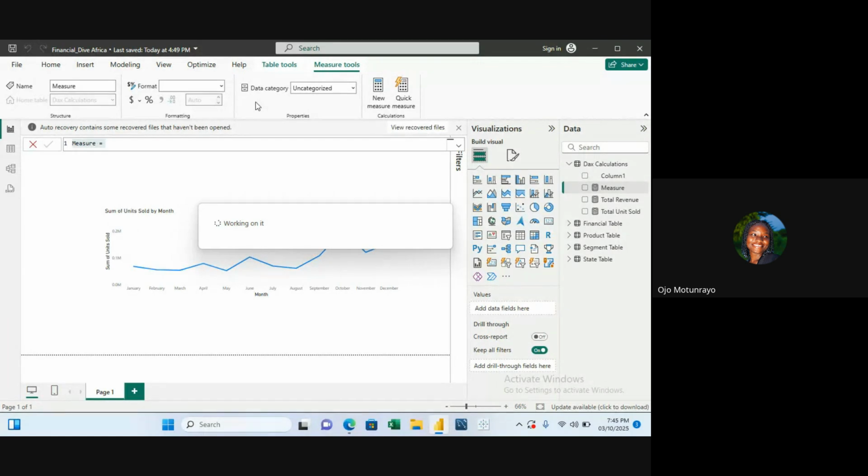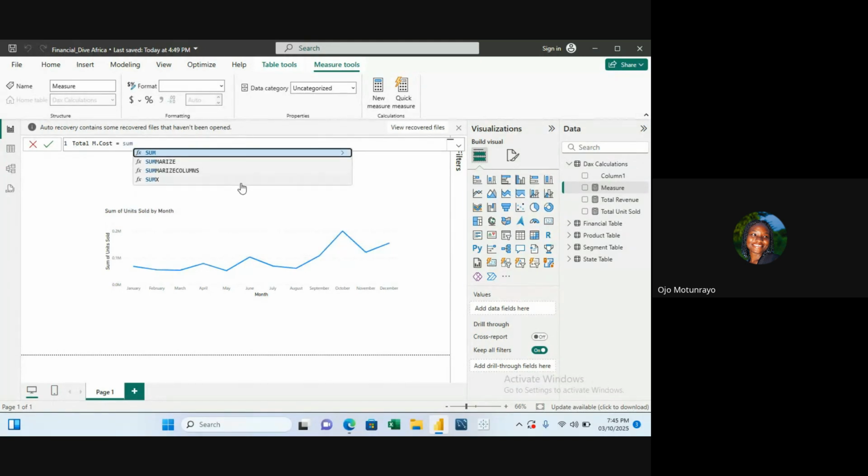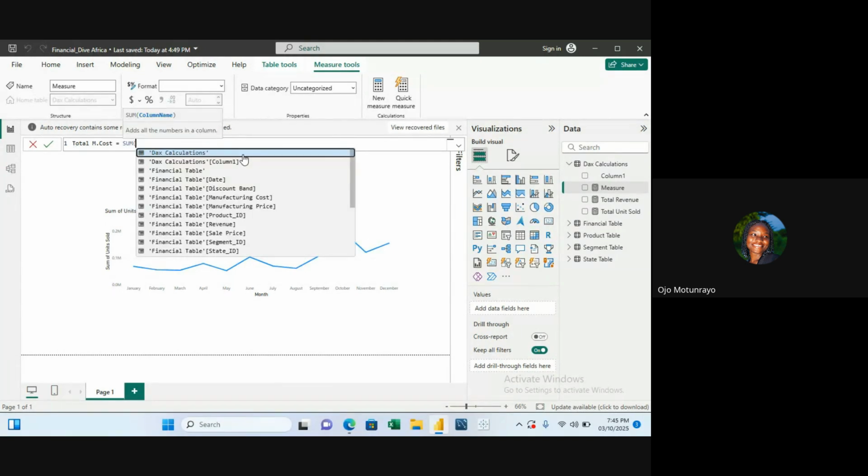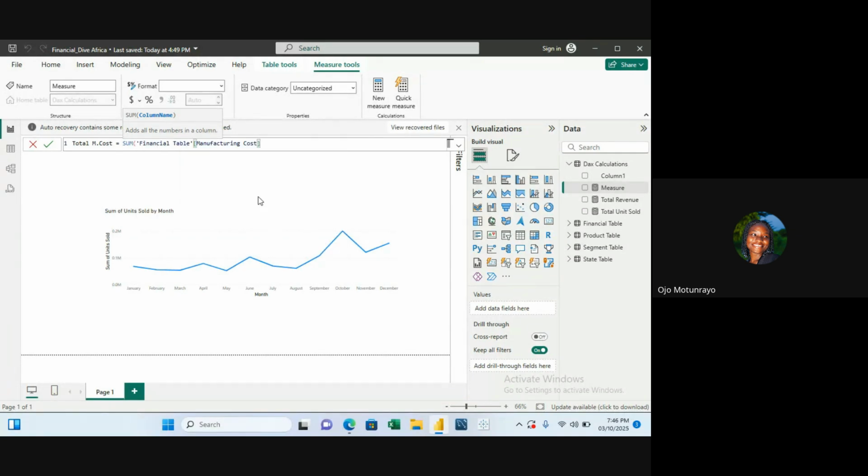We can just name it total cost, so it will not be too long. Total manufacturing cost equals to sum of financial table manufacturing cost.